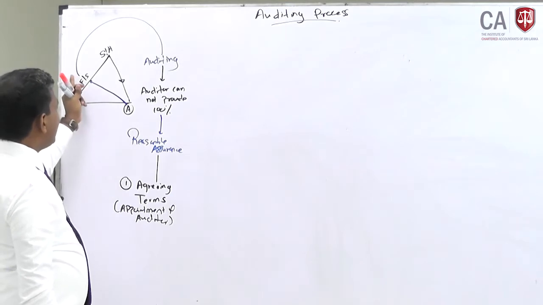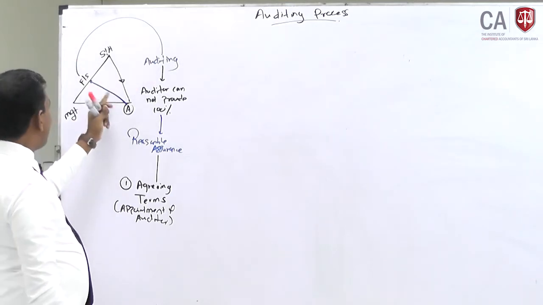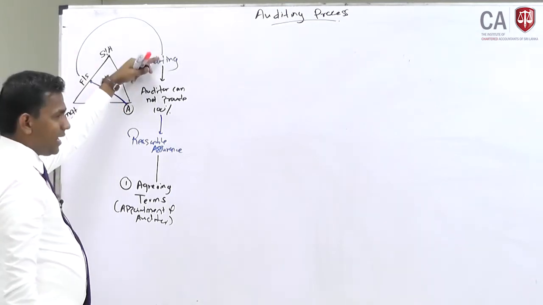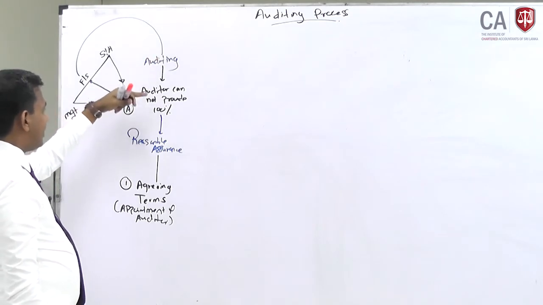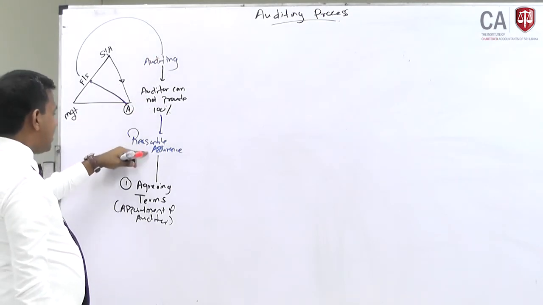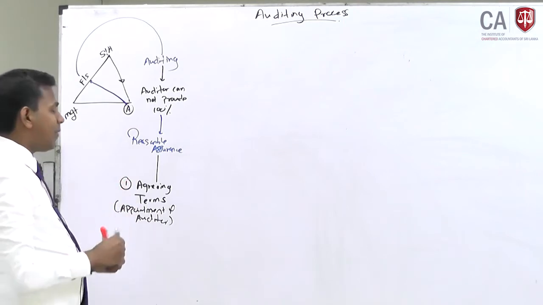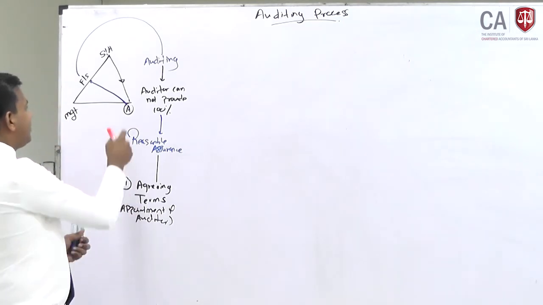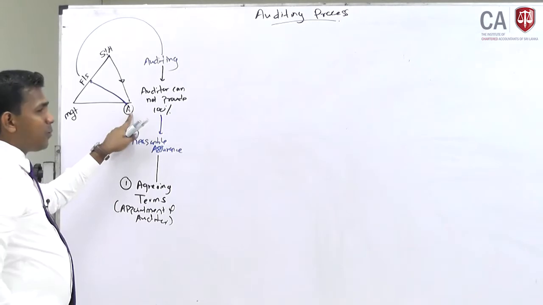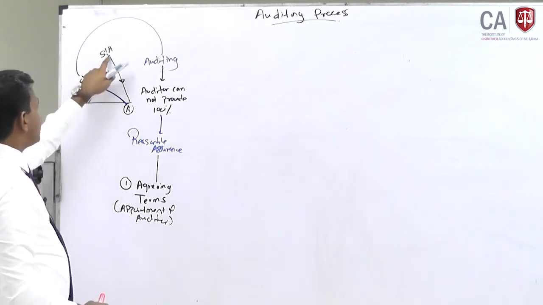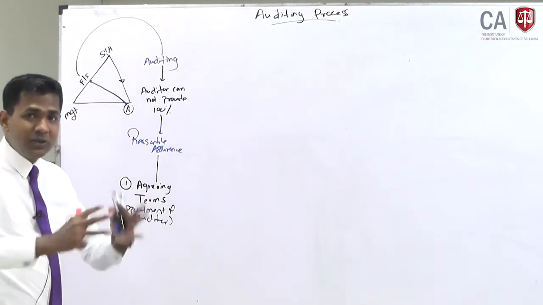So the auditor needs to come and check the finance statement, that is called auditing, and the auditor cannot provide 100%, reasonable assurance is provided. The first step in auditing is agreeing the terms. What is the auditor's responsibility, what is the management's responsibility, what is the shareholder's responsibility, this has to be understood in writing.